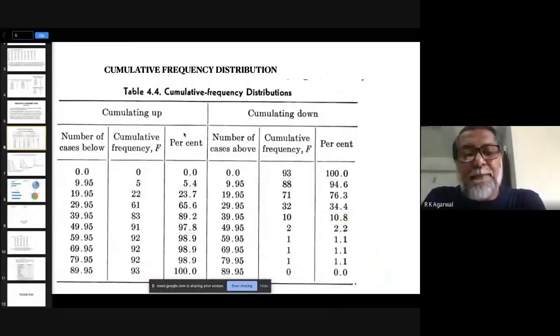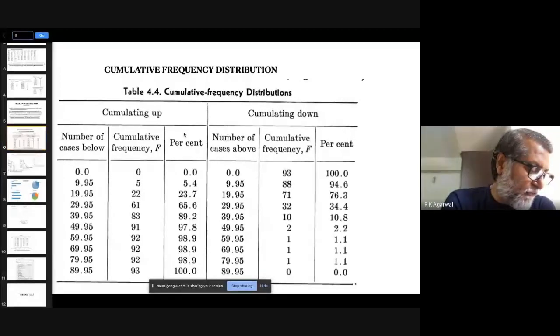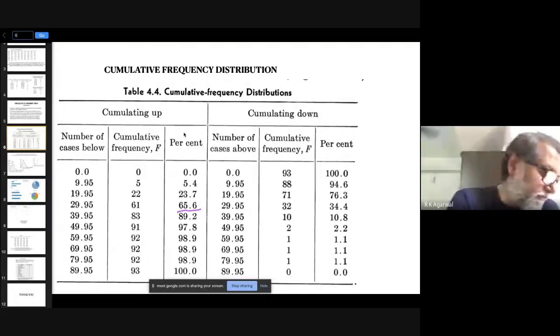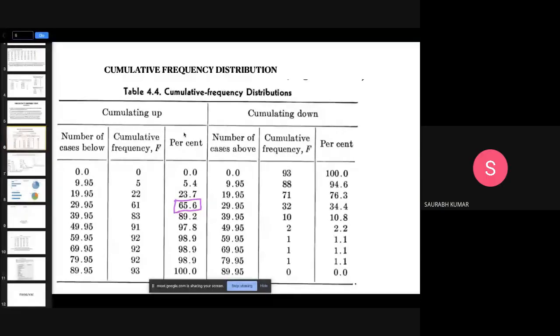Now, what purpose does calculation of percent serve in this case? Let us say we have this number 65.6. What is its interpretation? It gives the percentage of people out of the total who are in that range.